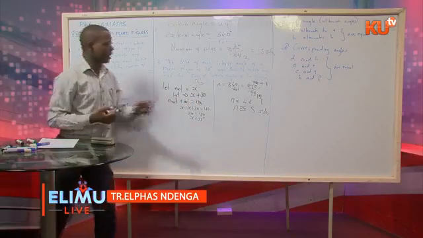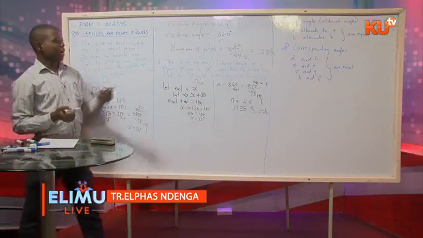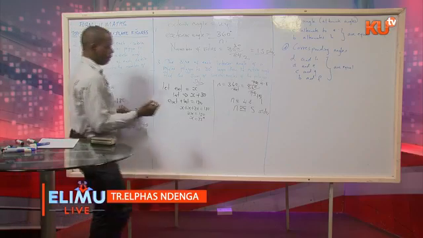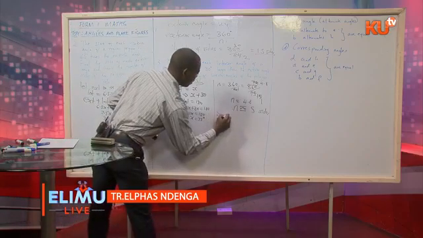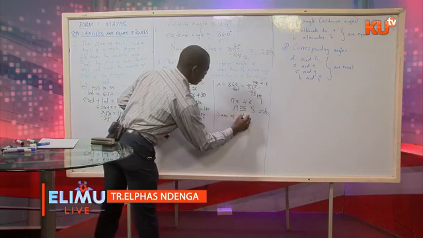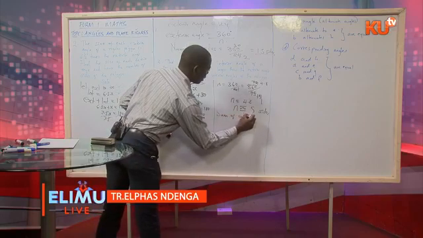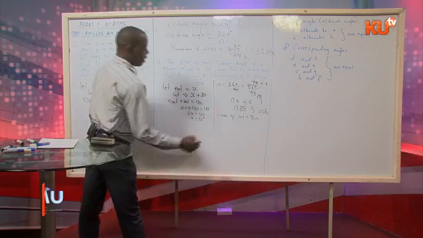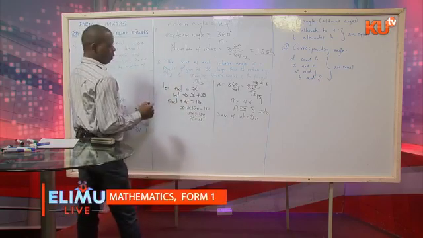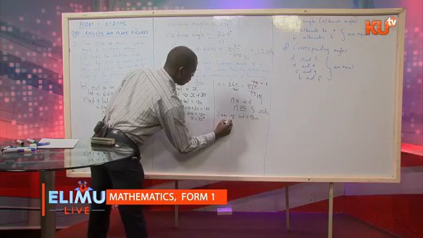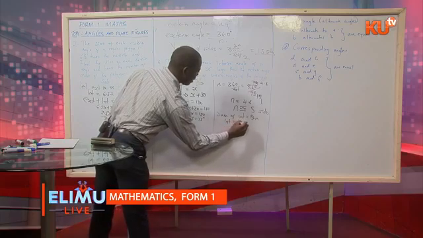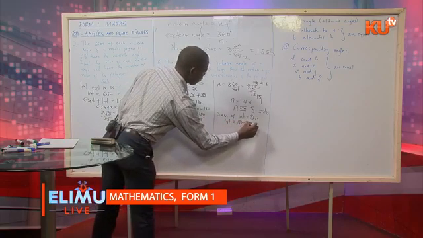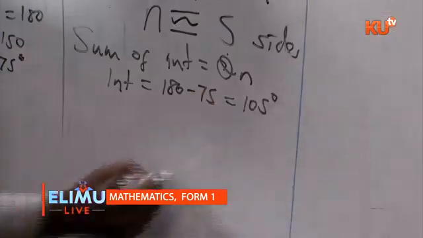And so once we have 5 sides, then how do you tell the sum of interior angles? The sum of interior angles is theta times n. Our theta should be the interior angle. So our interior angle is simply 180 minus 75, and that should give us 105 degrees.